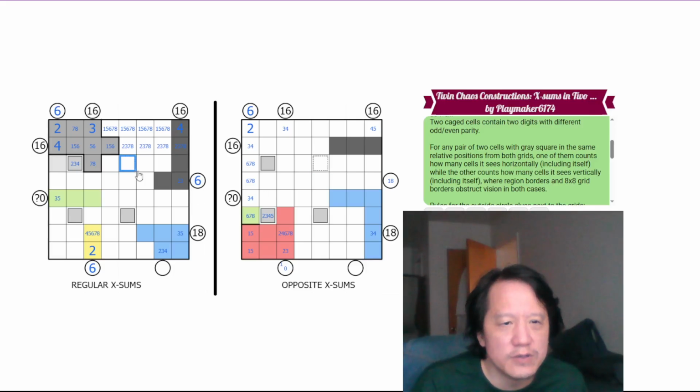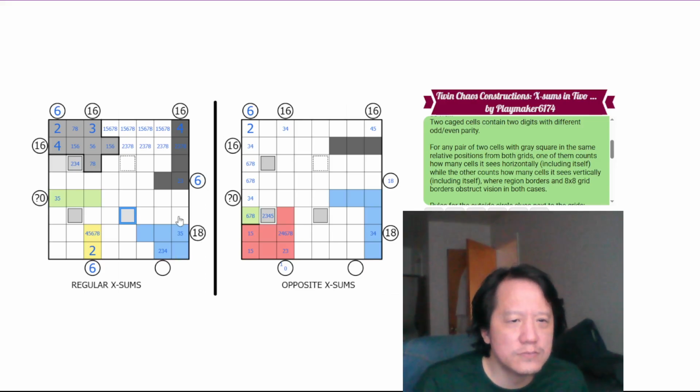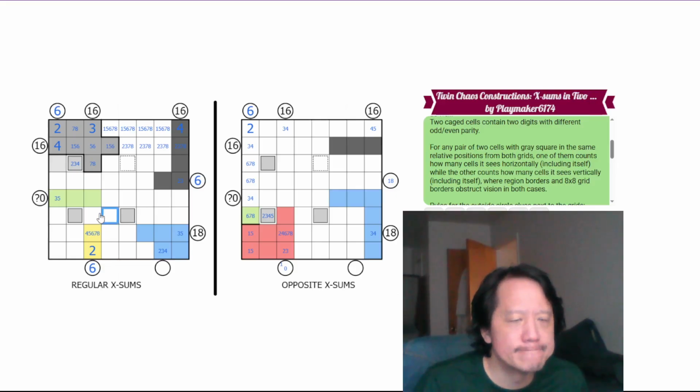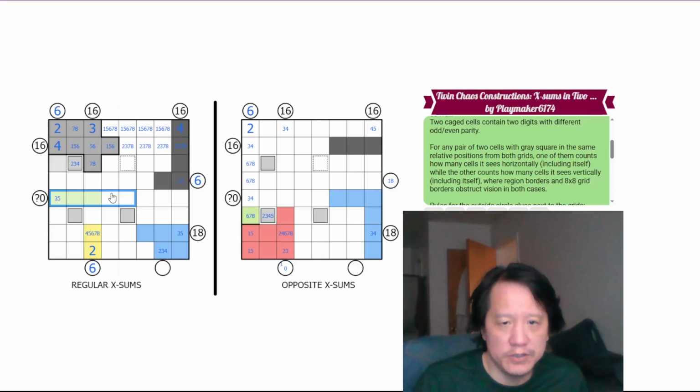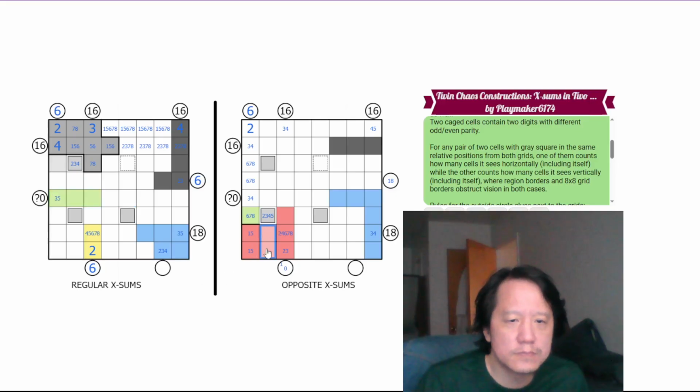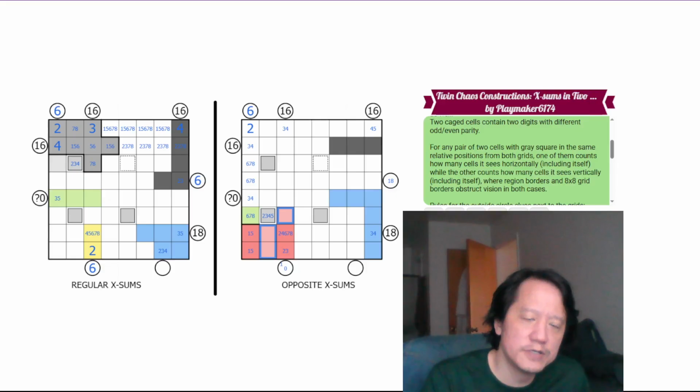Odd and even, that's going to be a differentiator only. No more 1 or 5 in the red region.